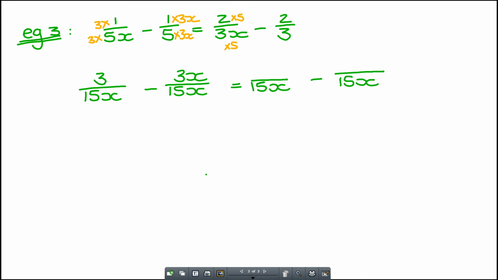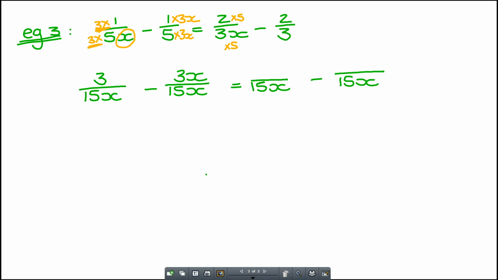Did you understand the part where I said I want the denominator to be 15x? Did you get that part? Okay, so to get my denominator 15x over here, there was an x already, so I just had to multiply with 3. So that's why at the top I also just multiply with 3.